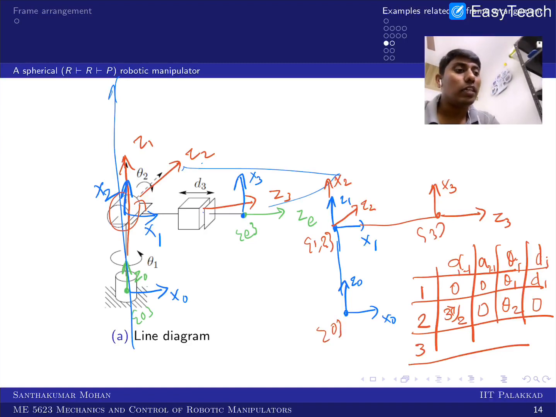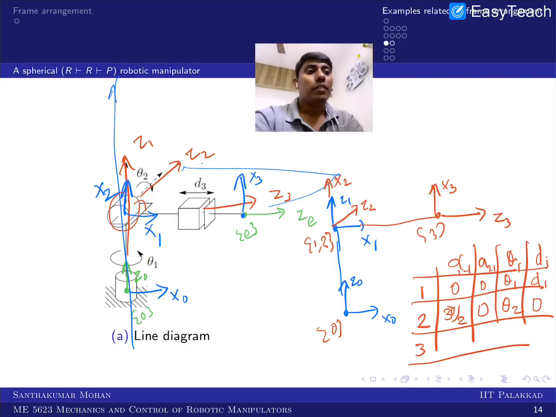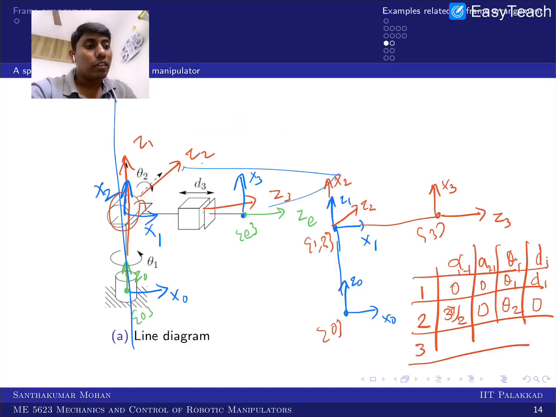So in the sense you can see that this is the case. Okay, so now you can see the third one. The third one is obviously a vertical displacement, so d3 is active, and you can see that for 2 to 3, I have missed one thing. x2 and x1 are about z2, so you can see this is the direction, it is rotated 270 degrees, in the sense theta 2 is a variable but plus 270 degrees, that is 3 pi by 2, is added.